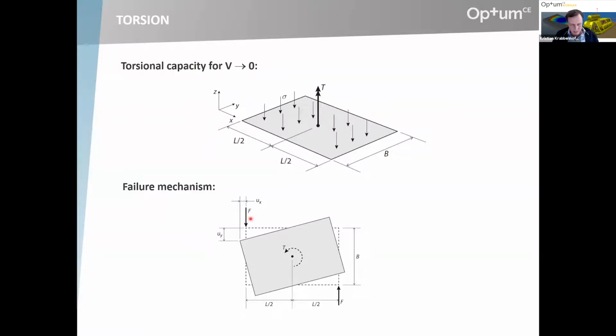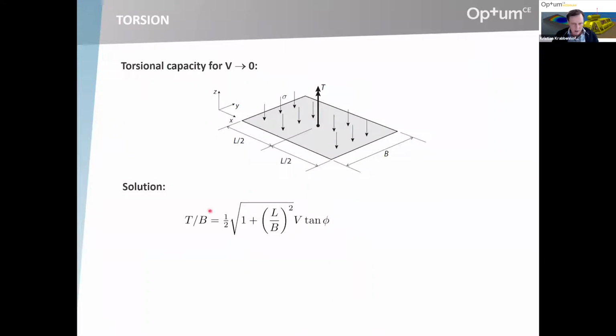To find that out, you postulate a mechanism of failure, a simple rotational mechanism, and then there's actually also an uplift due to dilation if you use standard limit analysis. And you can then equate the internal and the external rates of work, and then you will find this solution here. So you'll find a maximum torsional moment that can be expressed in this way here.